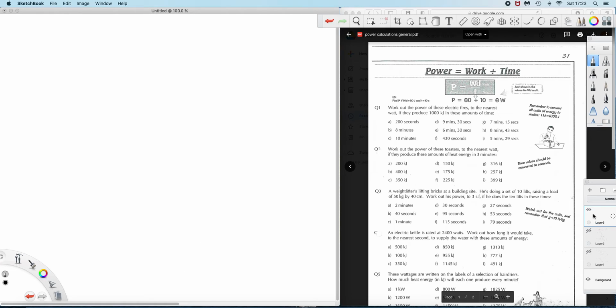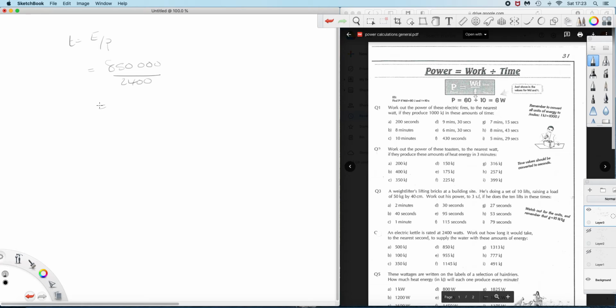Our energy was 850,000 joules, and our power was 2,400 watts.